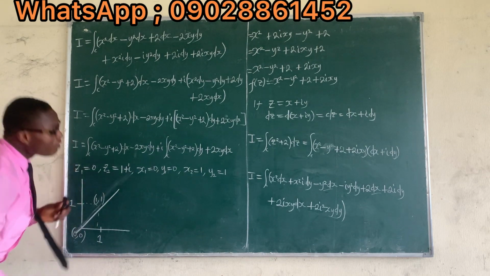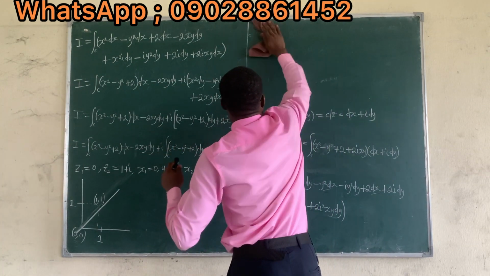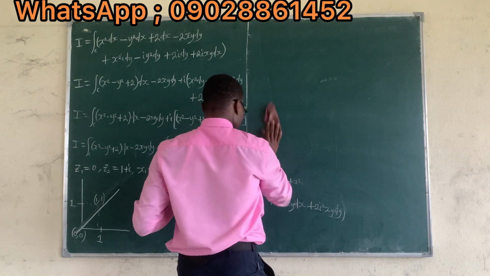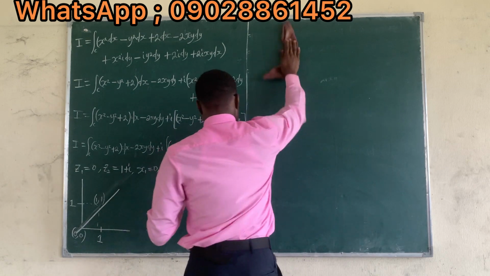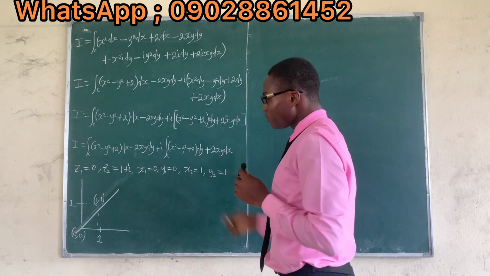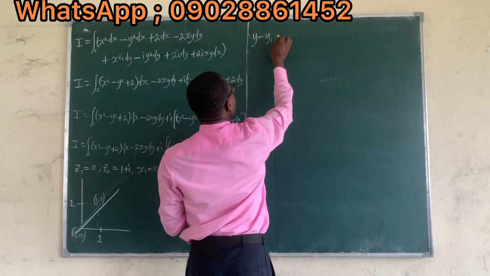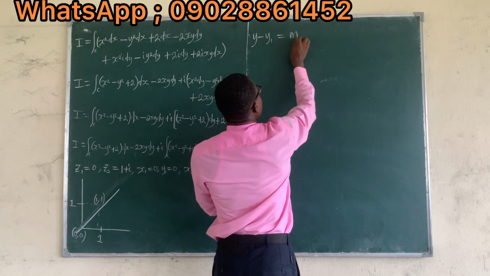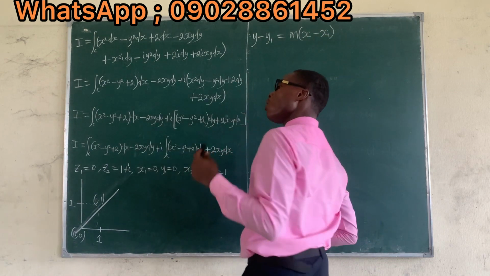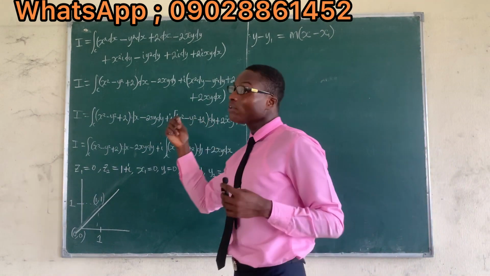Recall that from the equation of a straight line, we have y minus y1 equal to m into x minus x1, or y equal to mx plus c. But in this case, we don't have the intercept.